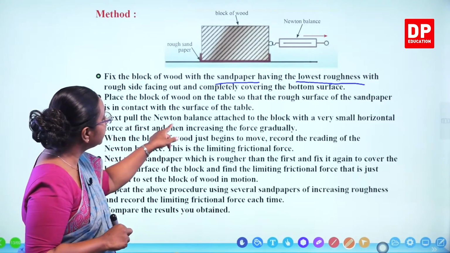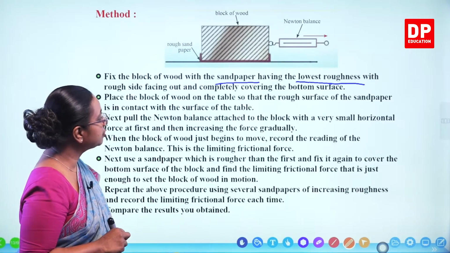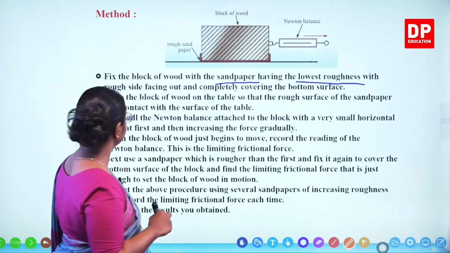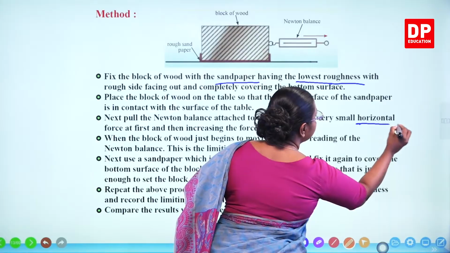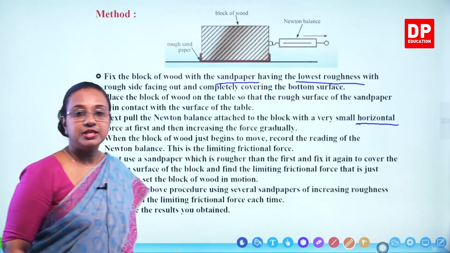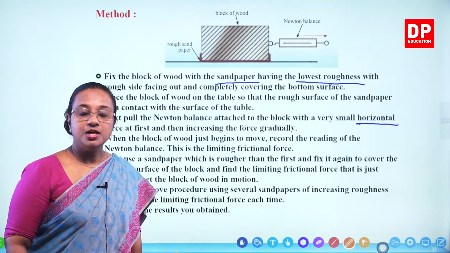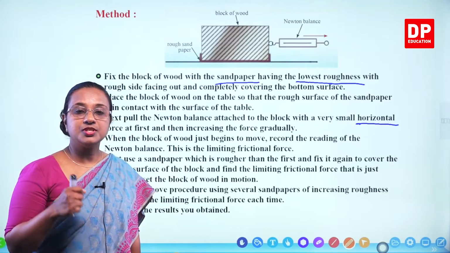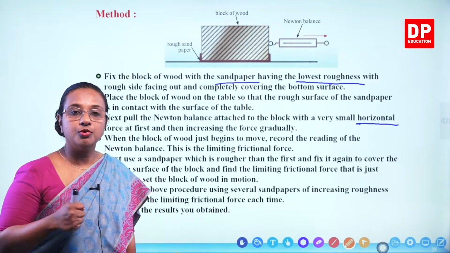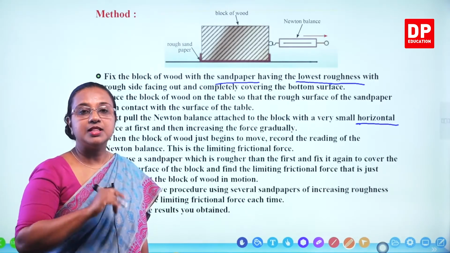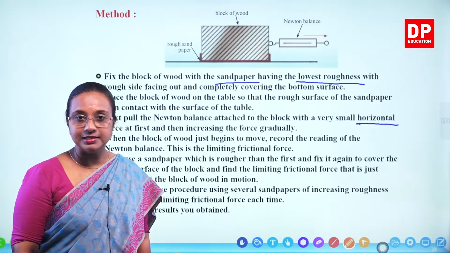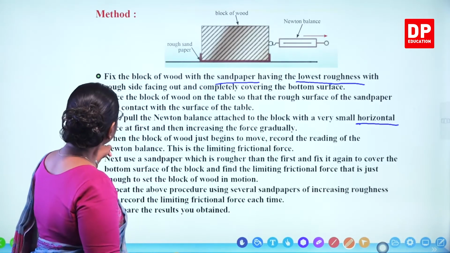Next, pull the Newton balance attached to the block with a very small horizontal force. So this I have told you, the horizontal force is to make the block move horizontally without moving in any other directions.